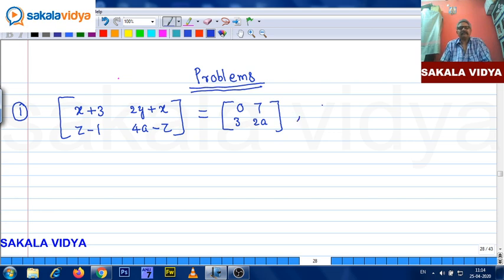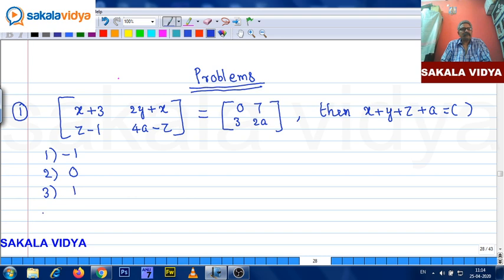Then find x plus y plus z plus a. First option minus 1, second option 0, third option 1, fourth option is 8. This is the question.